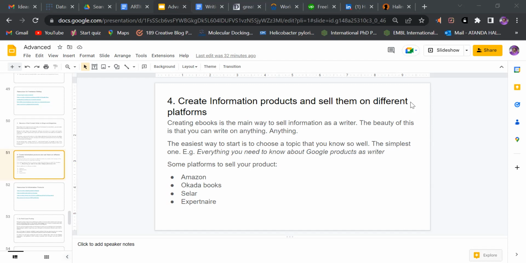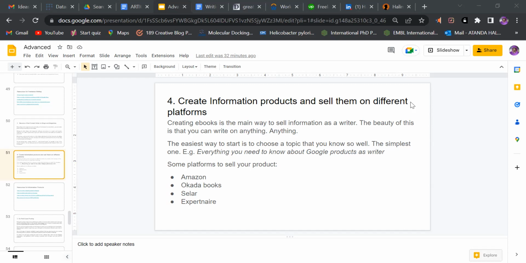Now, the beauty of this method of making money is that you can write on anything. And when I say anything, I mean literally anything at all. The easiest way is to choose a topic that you know so well, a topic that you know like the back of your palm. Anyway, that's an expression.